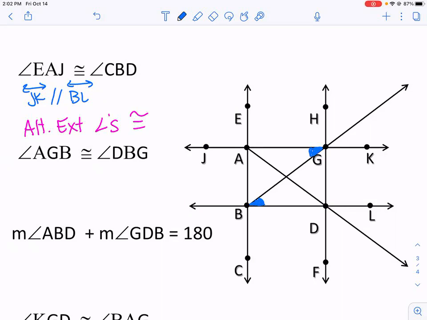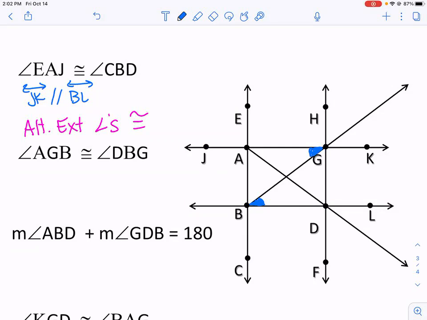I'm so confused. How'd you get that? Why couldn't you just put it out? So I spelled it. I literally went A, G, B. Okay.